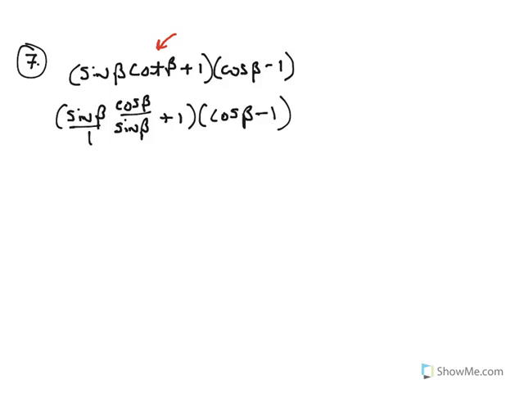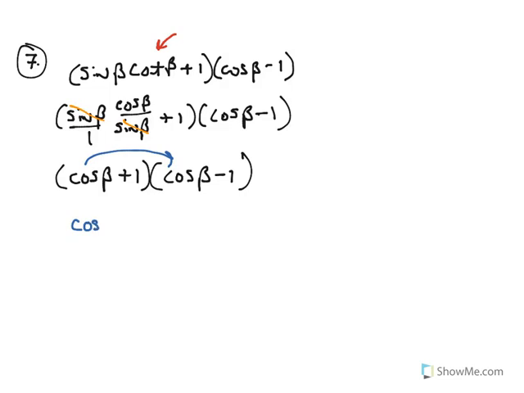So right here, before we start multiplying these 2 binomials together, you can actually simplify the first binomial. So it's going to be cosine beta plus 1 multiplied by cosine beta minus 1. And now that the first one is simplified and we no longer have the cotangent involved, now we can go ahead and distribute and multiply. So cosine times cosine should get you cosine squared.